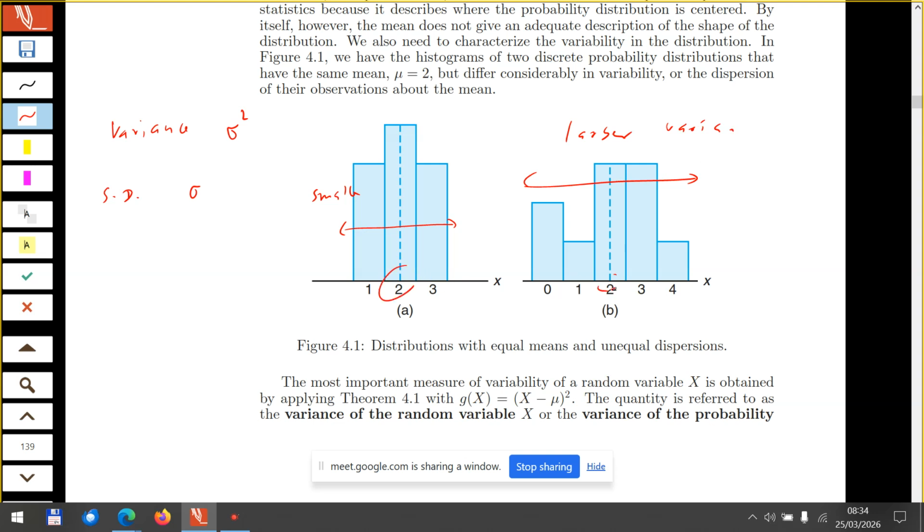When they have the same mean, the variance tells us there is more uncertainty in this one than in this one. Now, this method of comparing two distributions by their variances, or by their standard deviations, works only when these numbers... because I told you whenever we bring some problem into math, we get rid of the units.